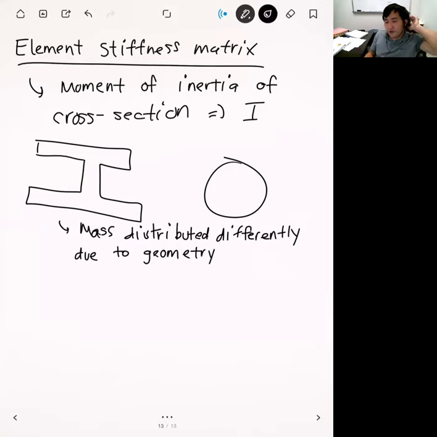Different distributions of mass are basically encapsulated by that moment of inertia.